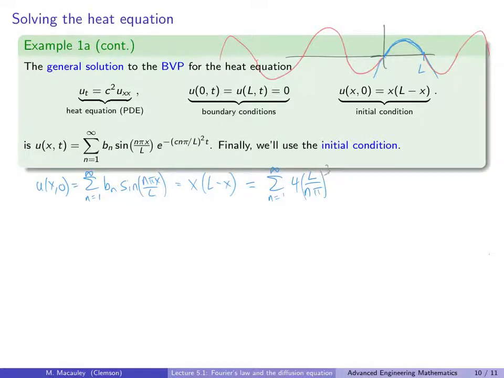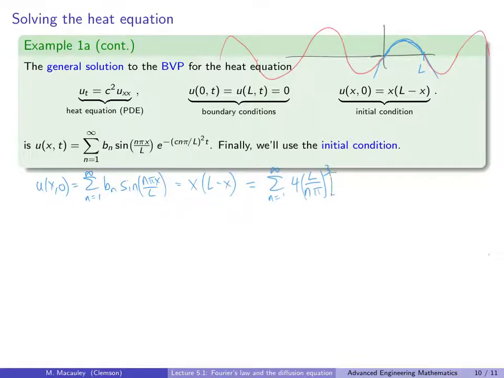I think this was actually even nicer than when L was 1, because when L was 1, this L went away, and we had 1 over n cubed pi squared. That was a little bit weird because we have no L's and different exponents, but for general L, this is actually very nice.